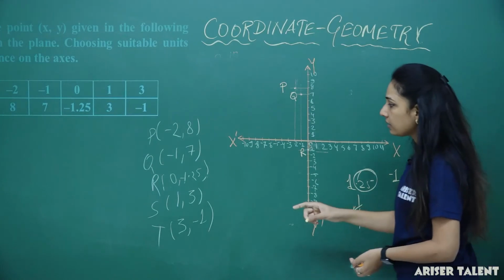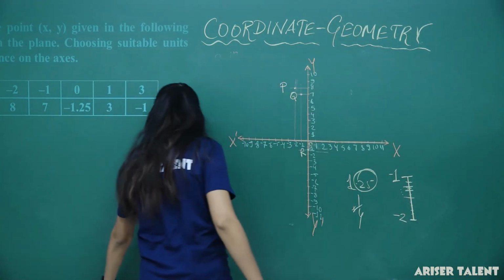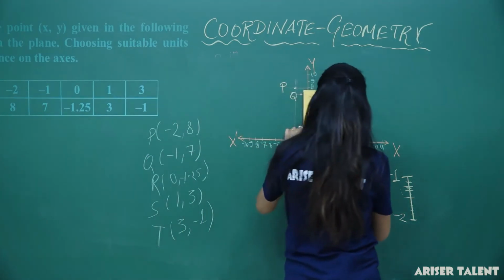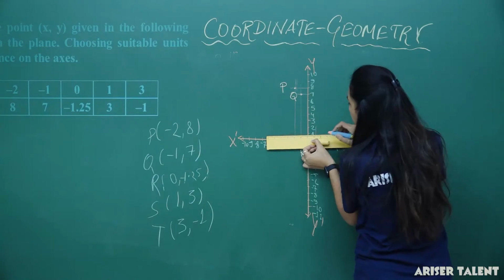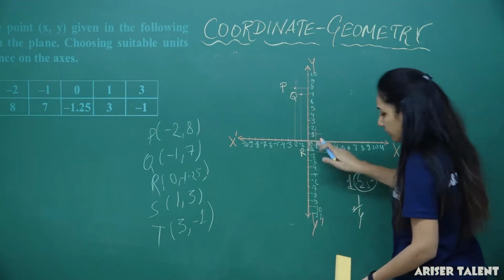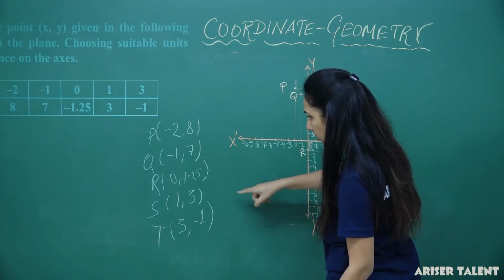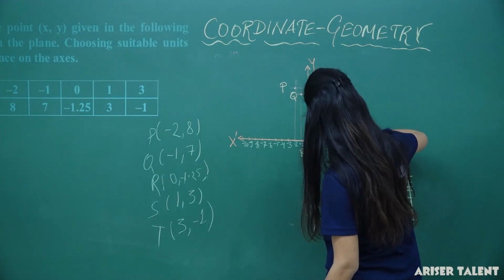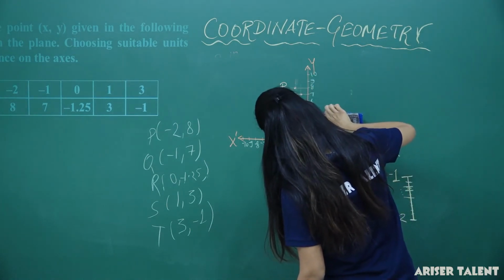Now about S, 1 and 3. So 1, 1 positive positive. Okay. First quadrant, that will be 1 here and 1 here. So this will be the point S. No, it's not 1, 1, it's 1, 3, right? Sorry students, this is 1, 3.